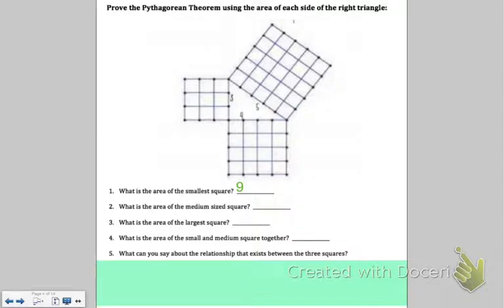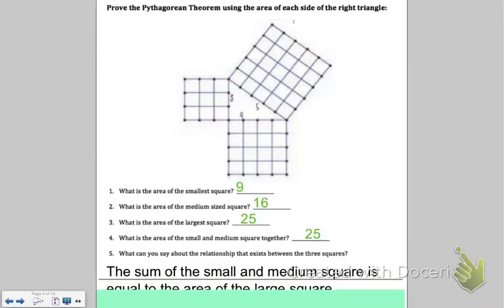The area of the medium-sized square, which has a side length of 4, would be 16 square units. And the area of the largest square is 25, since it's 5 by 5. If we add 9 and 16, we get 25. What we notice about the relationship between the 3 squares is that the sum of the small and medium squares is equal to the area of the large square.